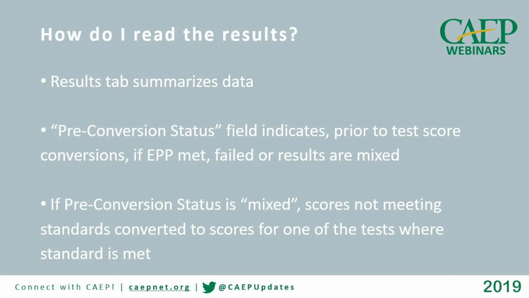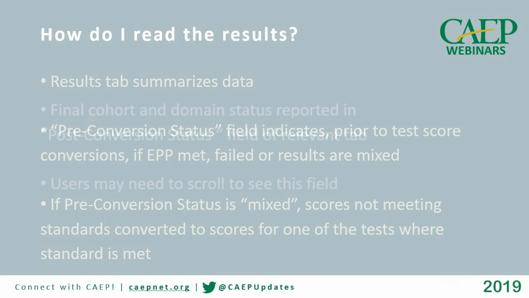It will do these averages again for you and tell you whether these averages are at or above their respective 3.2 thresholds, or they're below, and in the case that some groups have met it and some groups have not, that the results are mixed. So that's what the pre-conversion status field is going to tell you.